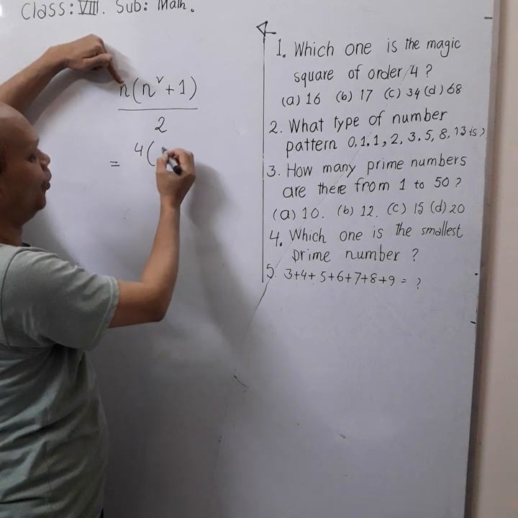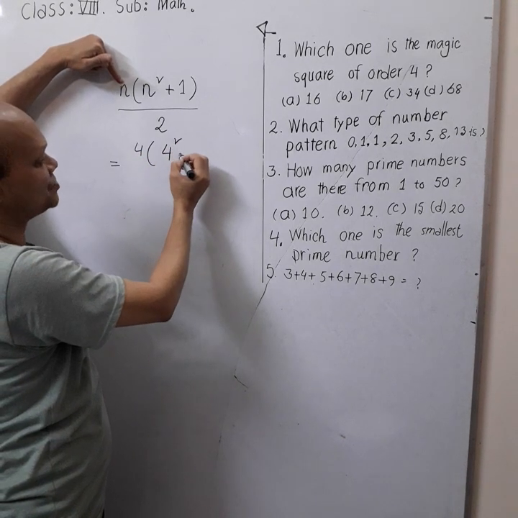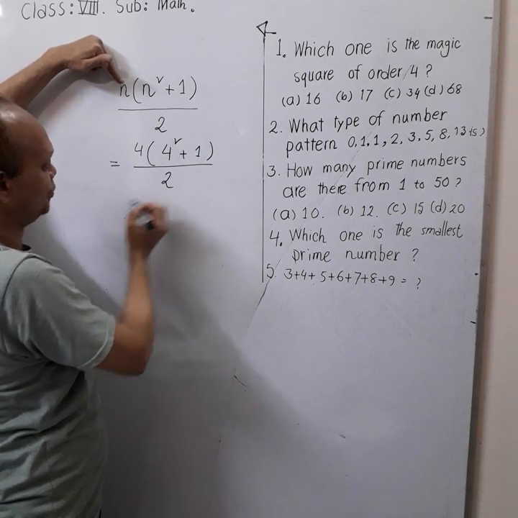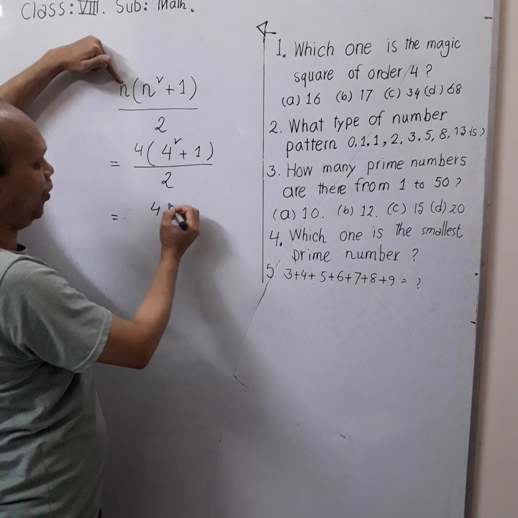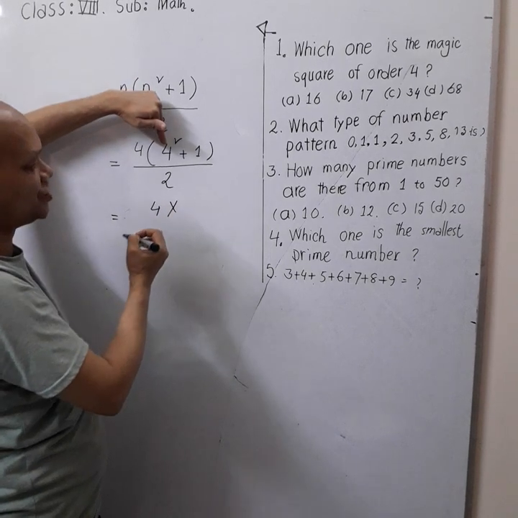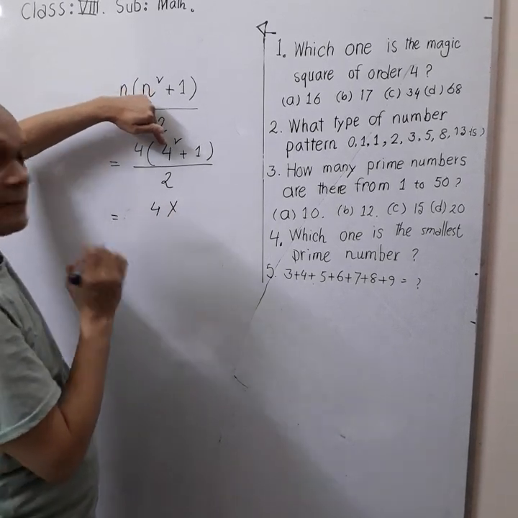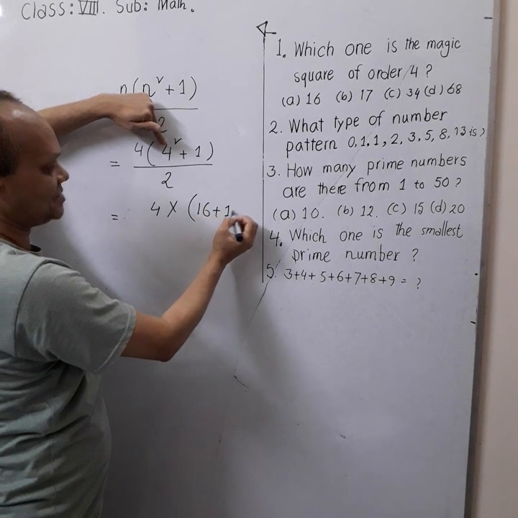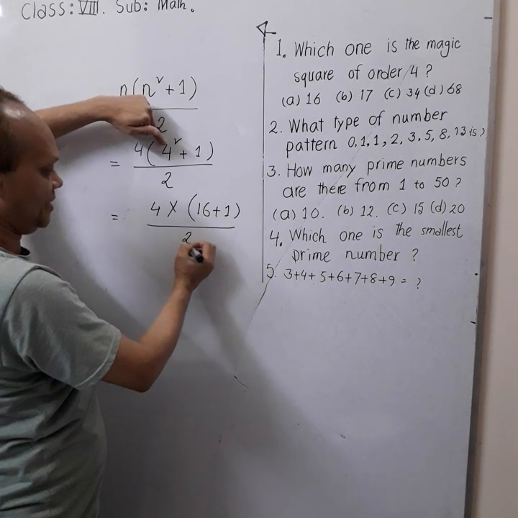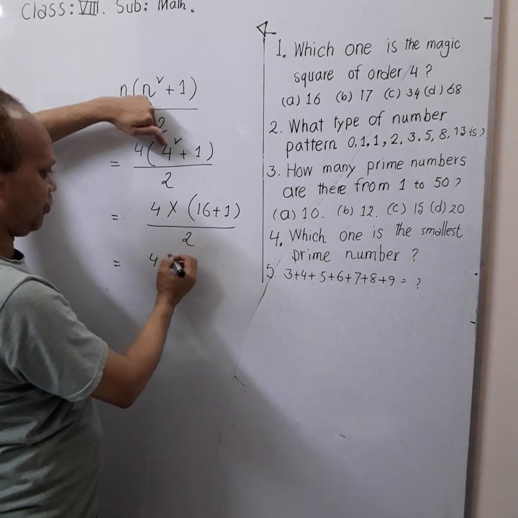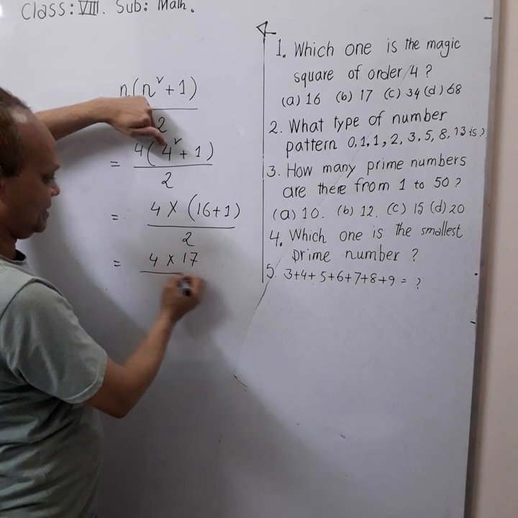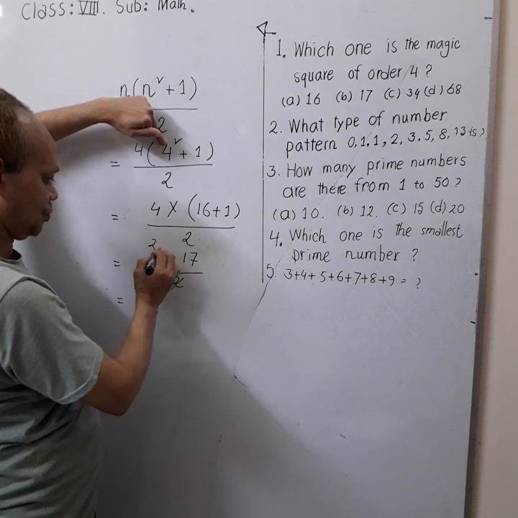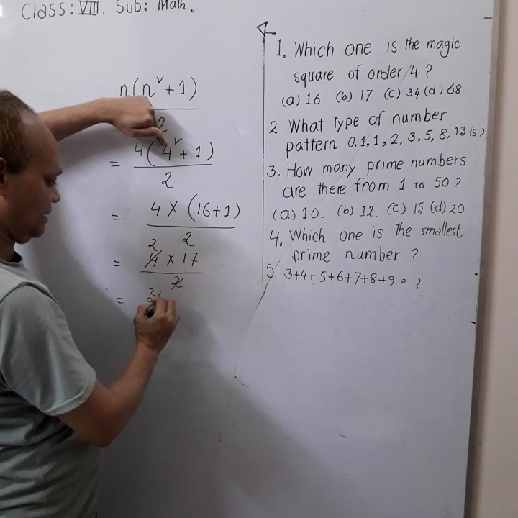So you write 4 into (4 square plus 1) divided by 2, equal to 4 into (16 plus 1) divided by 2, that is 4 into 17 divided by 2, equal to 2 into 17, that is 34.